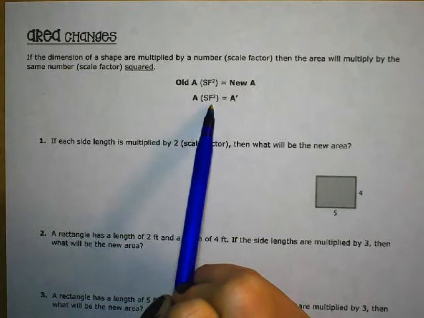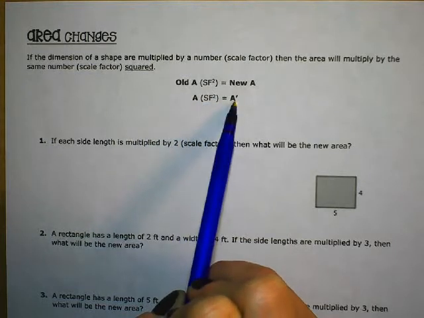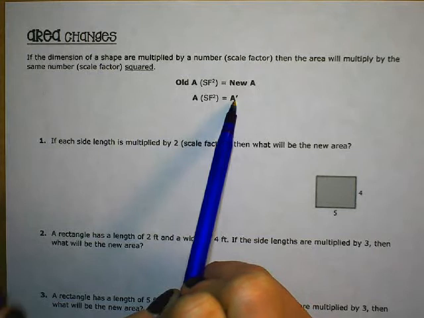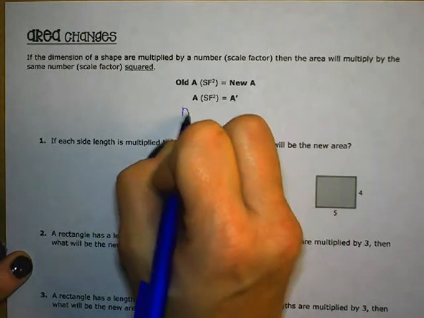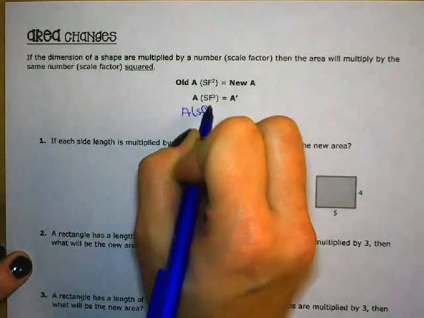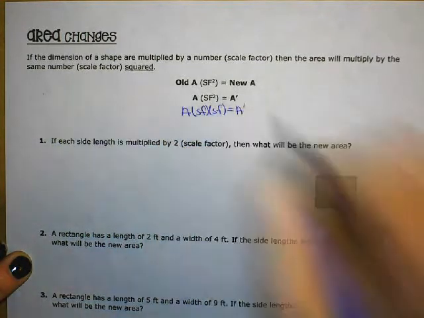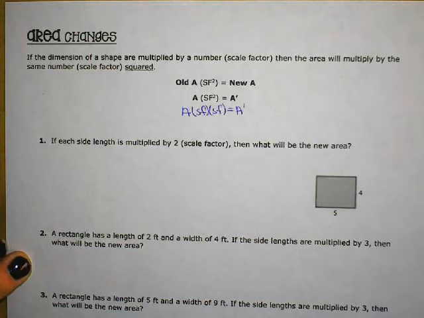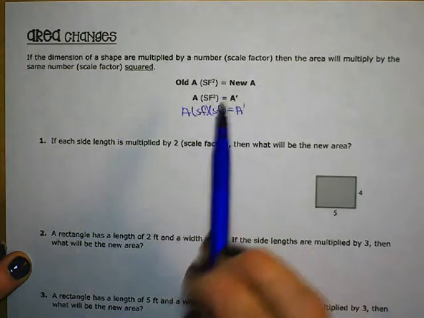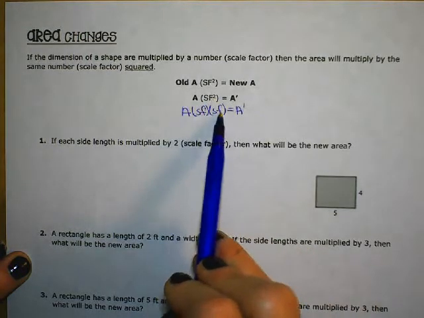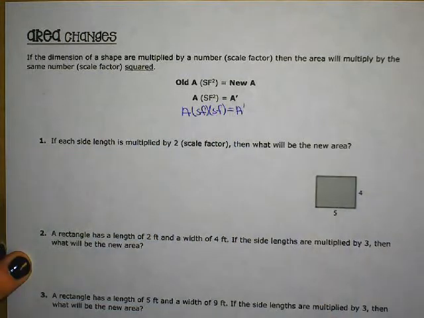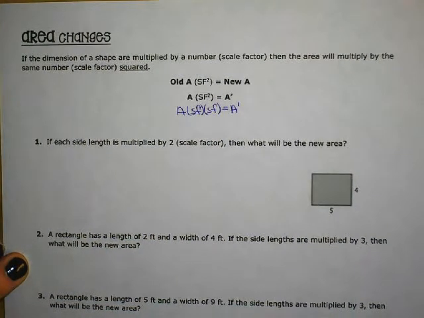Mathematically, it's the area times the scale factor squared, which equals area prime. Another way that you could look at this is if you have the area times the scale factor twice, that will give you the area of the prime or the area of the new. Remember, squaring a number means you multiply it to itself 2 times.